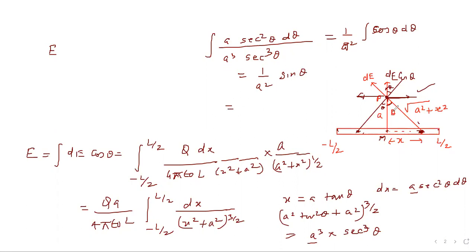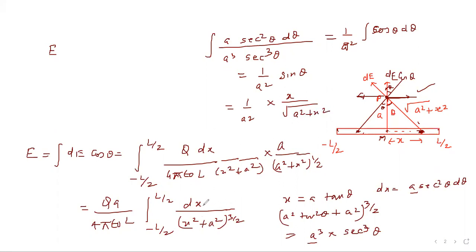Moreover, sin theta can be found from the triangle. It will be x upon root of a square plus x square. So we have the value of the integration: 1 upon a square times x upon root of a square plus x square.